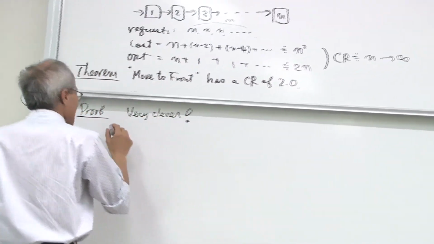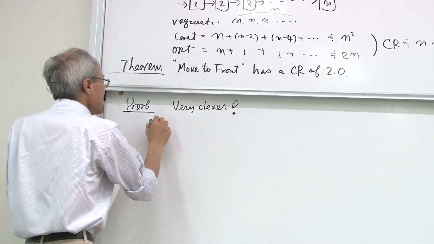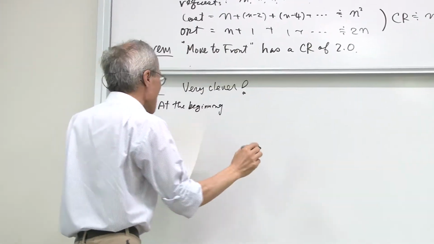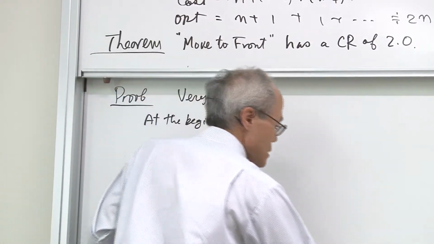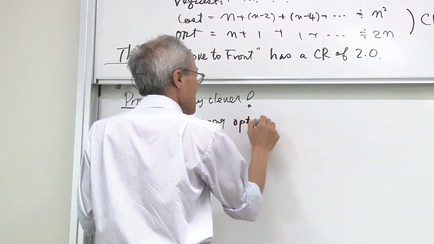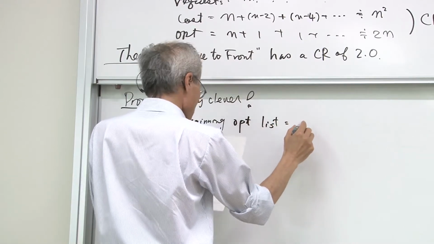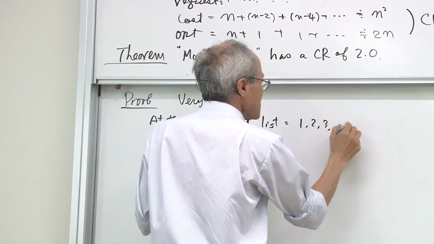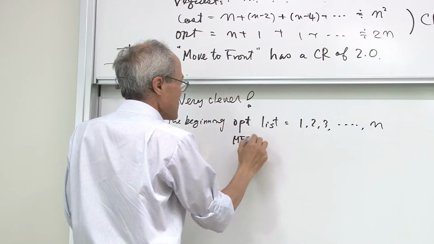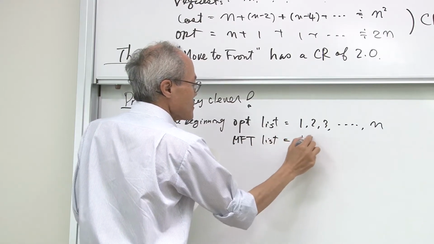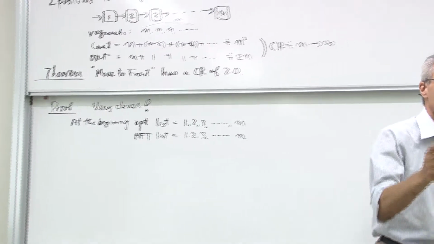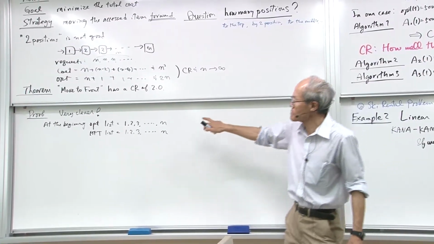Okay, so let's start the proof. At the beginning, our list is just 1, 2, 3 through n, just a linear list.